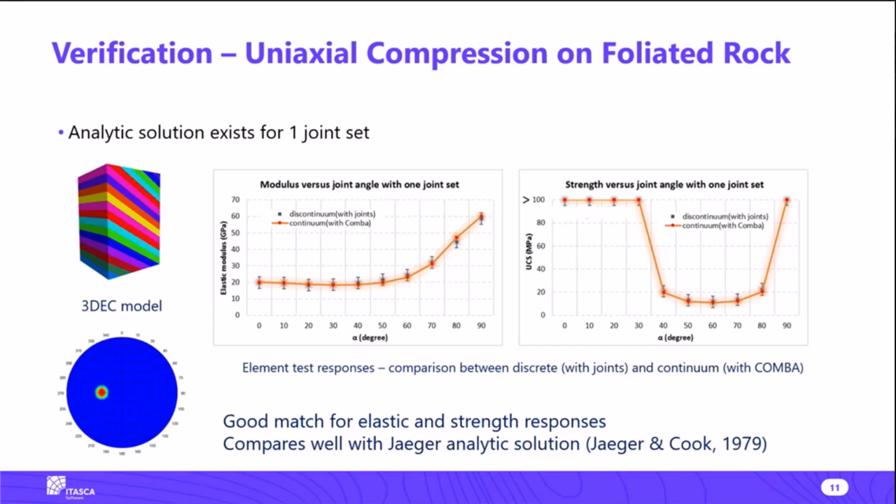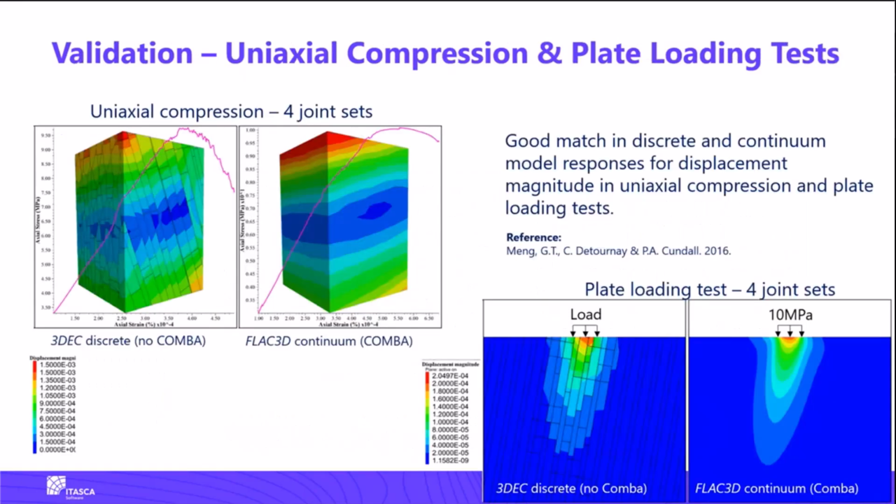And here to the left, we plot the modulus versus the joint angle with just one set. And to the right is the strength versus joint angle with one set. And we see that there is a good match for both elastic and strength response in the joint. And this compares well with a Jaeger analytical solution.